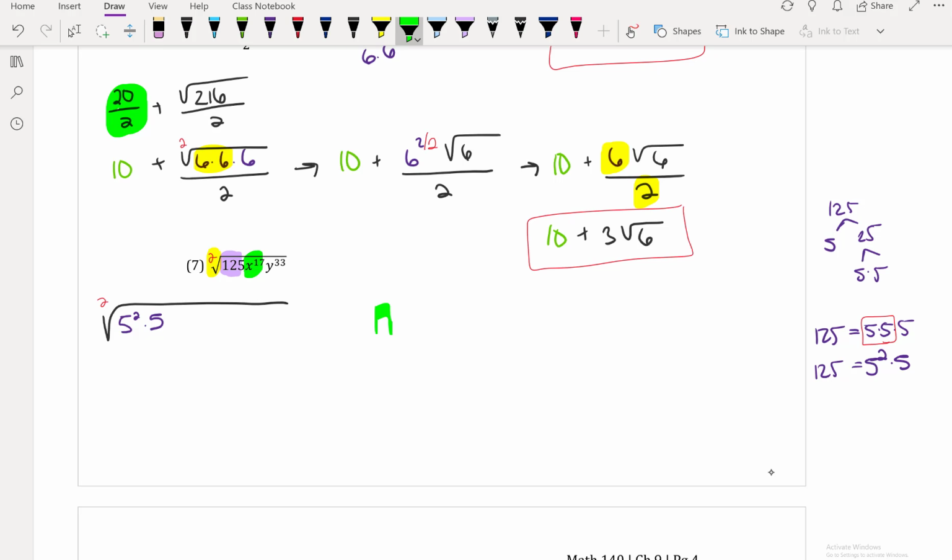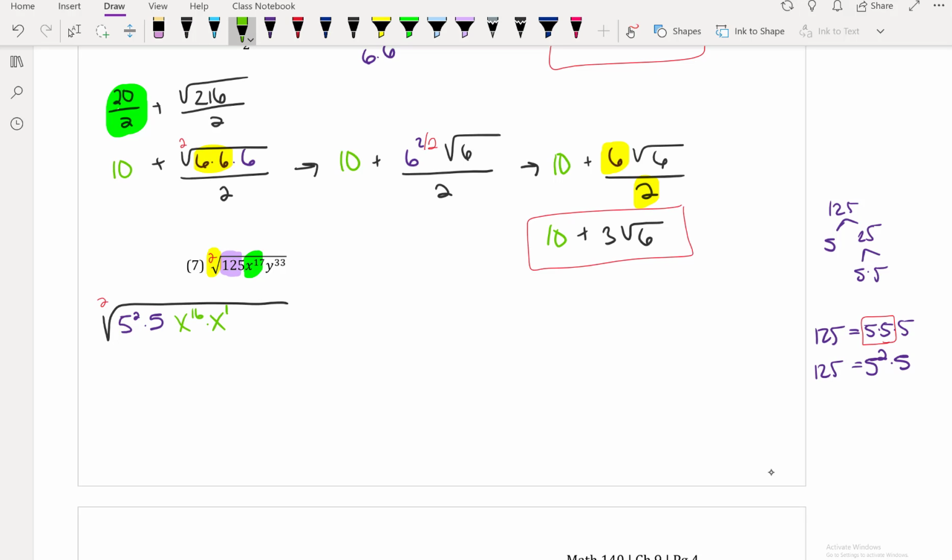Well, can 17 be divided by 2 evenly? No, it's going to give me a decimal. So I'm going to rewrite the x so that it's divisible by 2. I'm going to say that this is going to be x to the 16 times x to the 1.